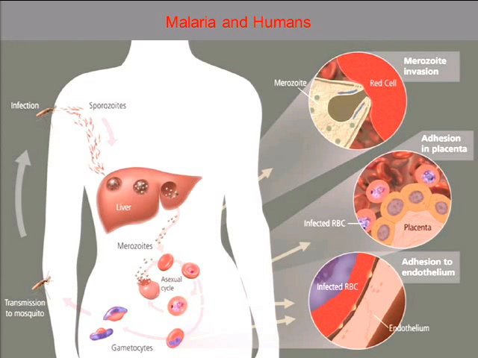Now, after that 6 to 15 day period, these things have matured into what's called a merozoite. So sporozoite develops into a merozoite, which is now a more infectious adult. Okay, so think of the sporozoites as the kids. Now they've grown up and they're able to be more infectious.